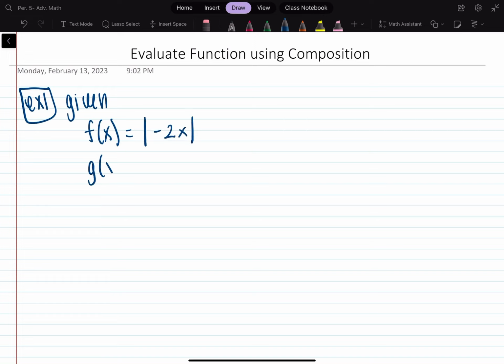And g of x is going to be defined as x plus 1. Okay, what I want us to do is find f of g of 3, and g of f of negative 5.